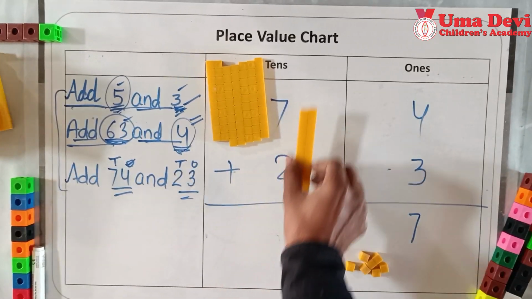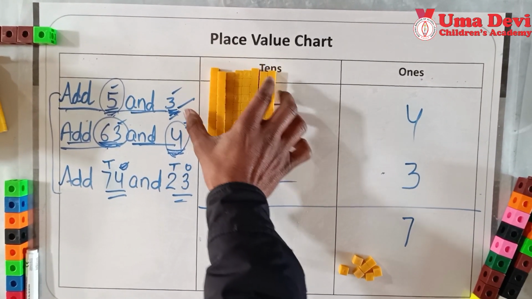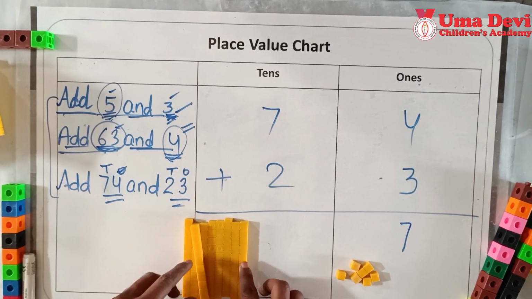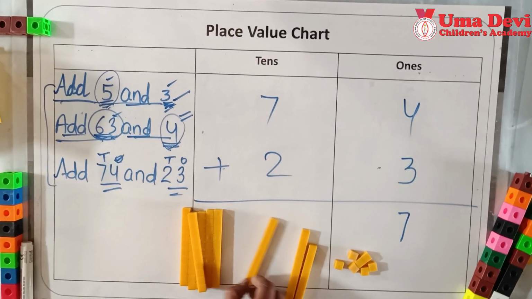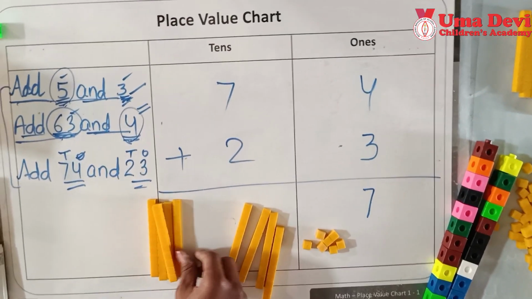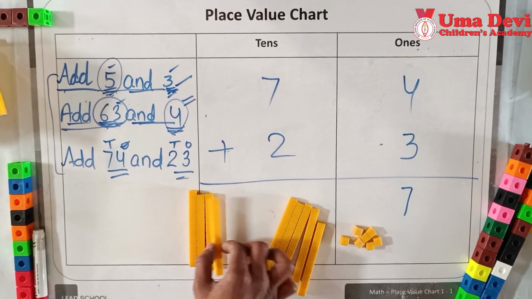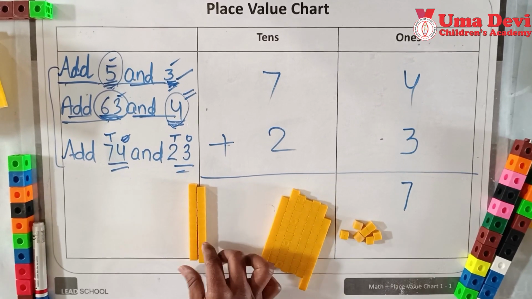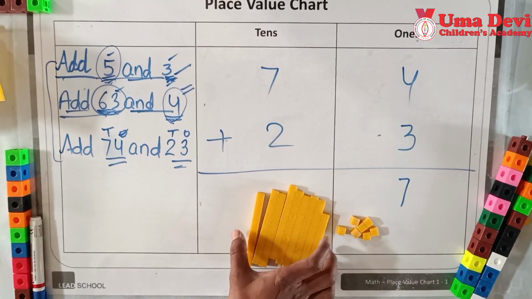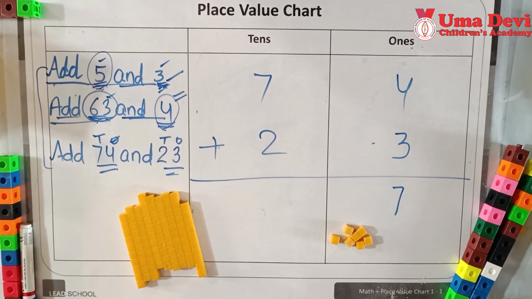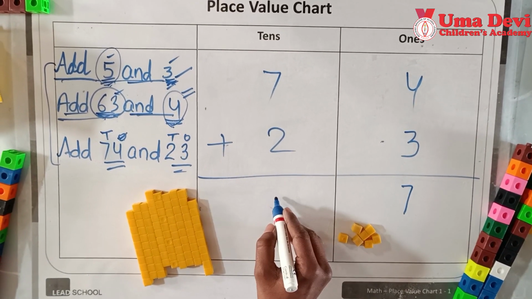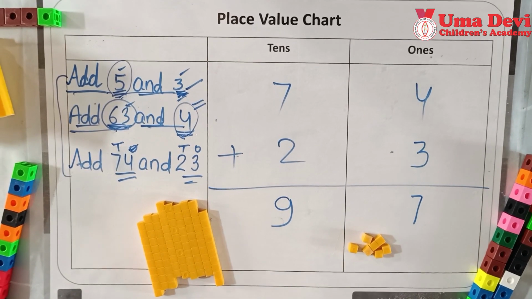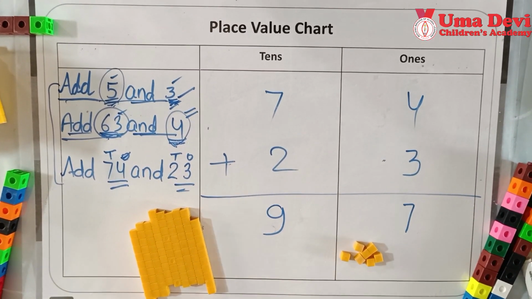Add means when we put together. Okay, right? So look here, 1, 2, 3, 4, 5, 6, 7, 8 and 9. Means when we add 2 in 7, we will get 9, right? So like this you will add your numbers.